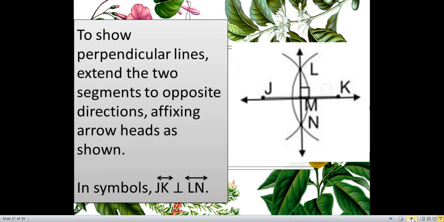Then put the right angle like this. This is the symbol for right angle. Then you can finally say that line JK is perpendicular to our line LN. So that's how you make your perpendicular line. Just the continuation of your task 1 or task A.